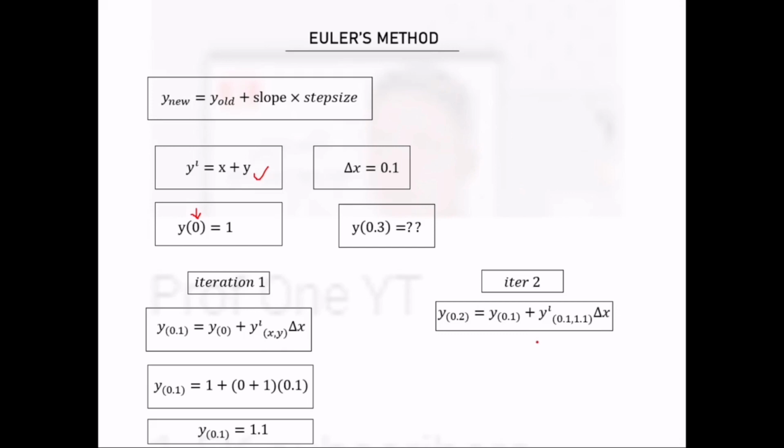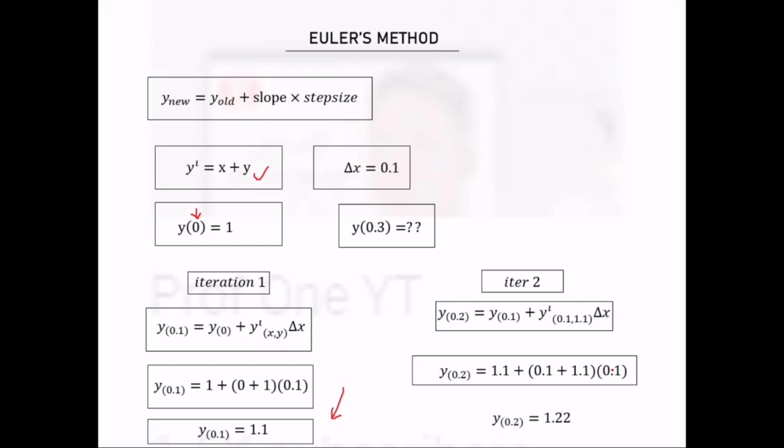Now, the initial condition has changed because now we are using the y old condition, which means that x is 0.1 and y is 1.1. So then we'll substitute into the function which we've differentiated, then multiply it by the step size. When you do that correctly, you're going to get 1.1 plus bracket open 0.1, which is the x value, plus 1.1, which is the value we had when x is 0.1, then times the step size, which is 0.1. And when we do that correctly, we are going to get 1.22.